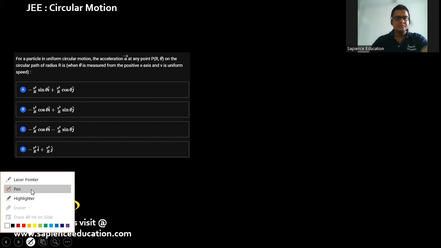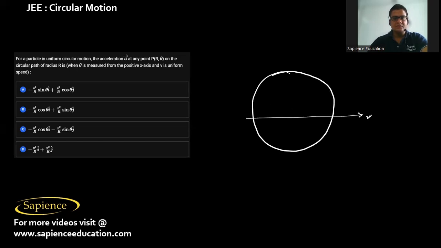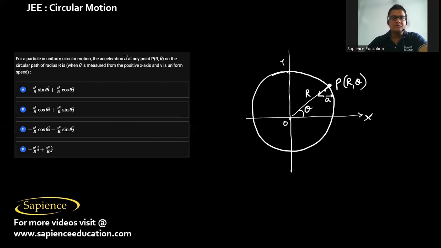This is the x-axis. Theta is measured with respect to the x-axis. This is the y-axis. So this is the angle theta. The particle is at point P r comma theta. So OP is the radius r. Then the acceleration will be acting towards the center.